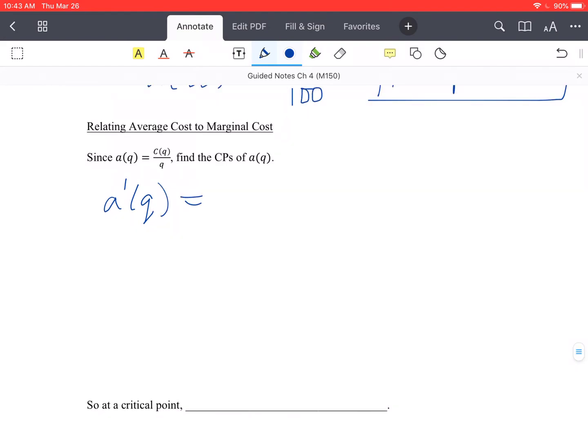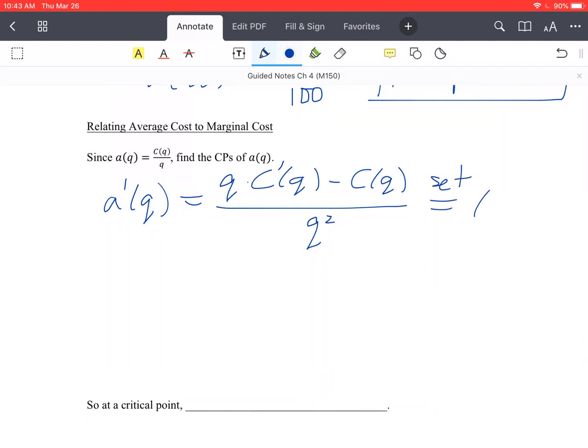Now this formula, C of q over q, this is a quotient, right? A function of q over a function of q. So we need to use the quotient rule. So that's going to be low d high minus high d low, which derivative of q is 1, so we don't need to write that, over low squared.